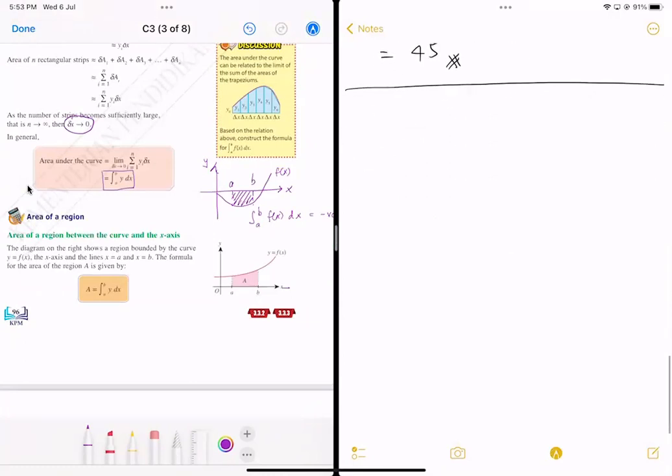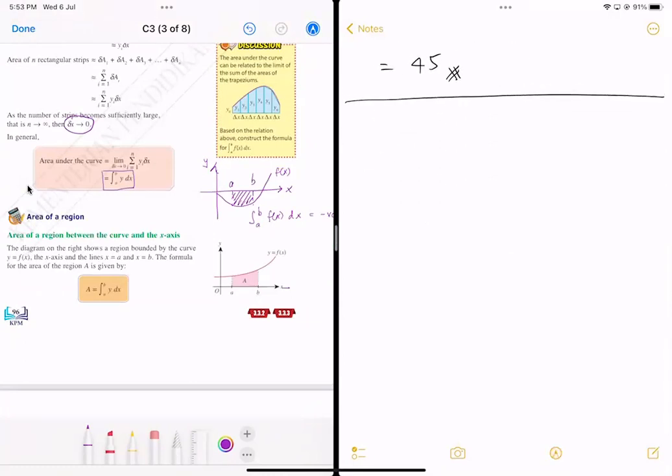Now we want to find the area under a curve. Let's say I have this curve, y against x, something like this.